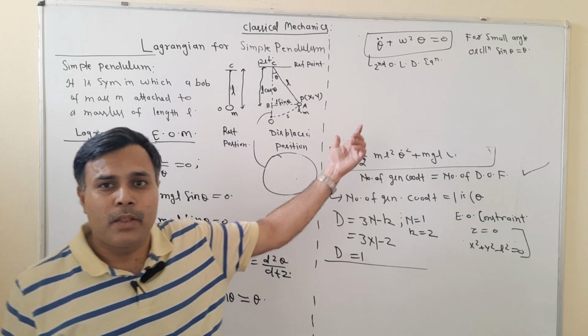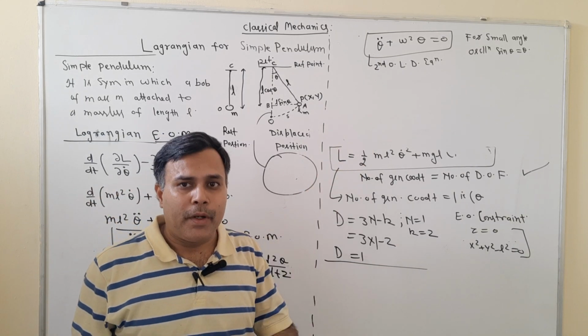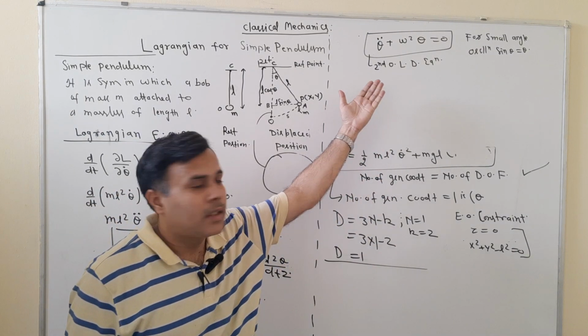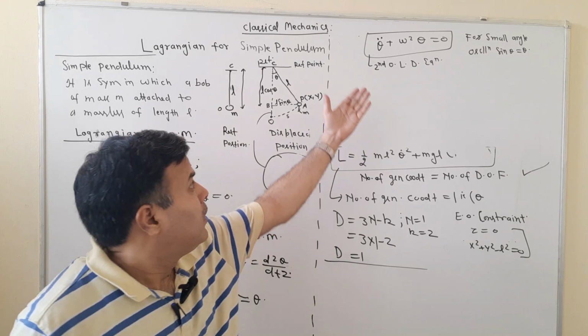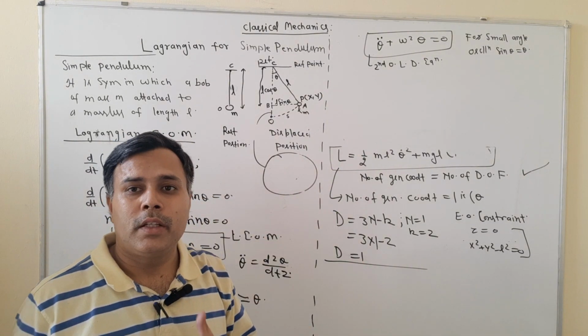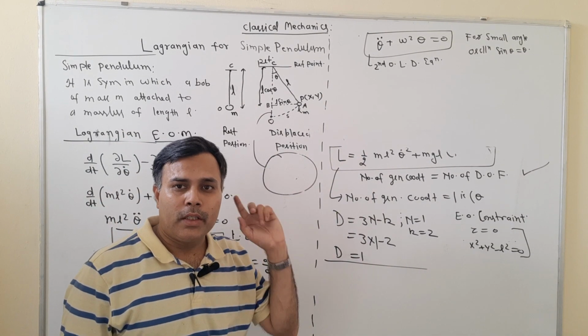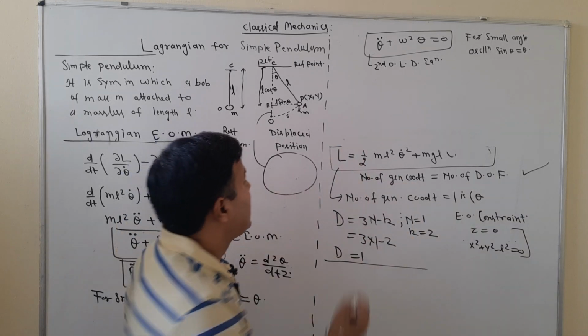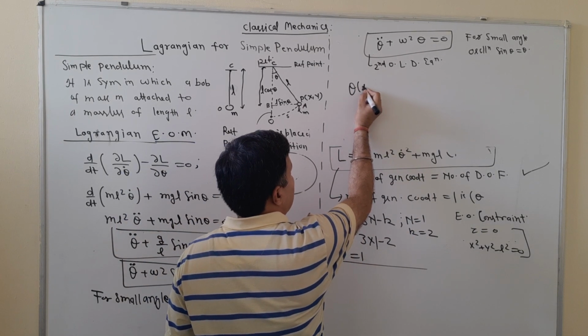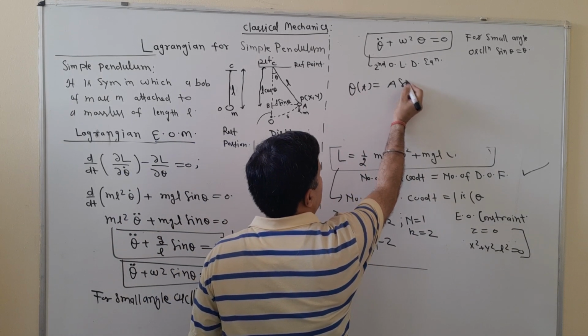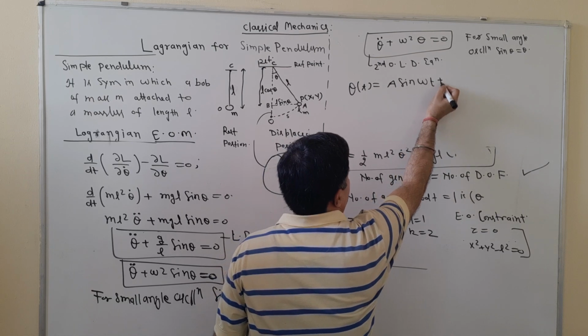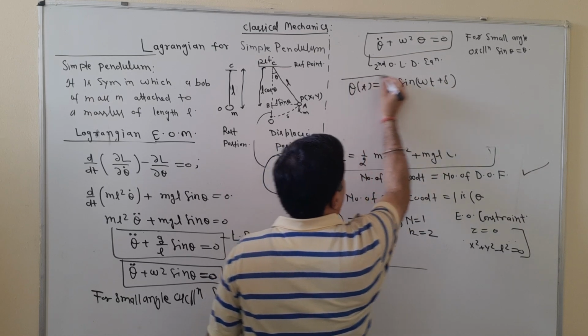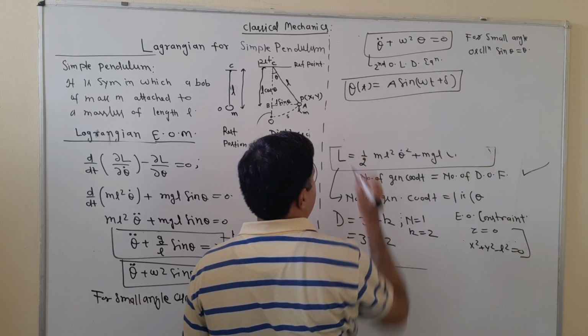Now we can solve this differential equation analytically by the operator method, which we have already discussed for a spring mass system in an earlier lecture. The solution of this differential equation is simply a sin of omega t plus delta.